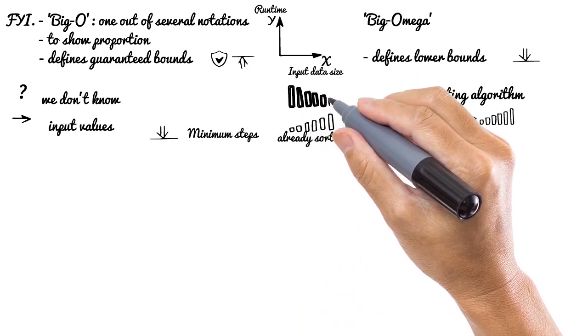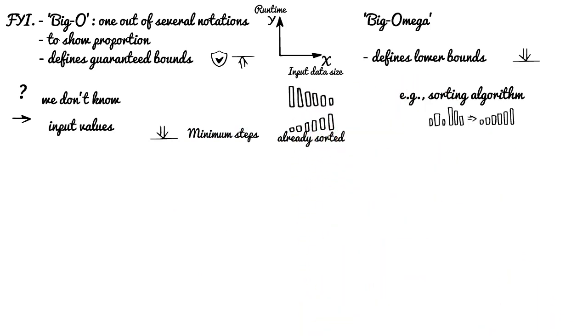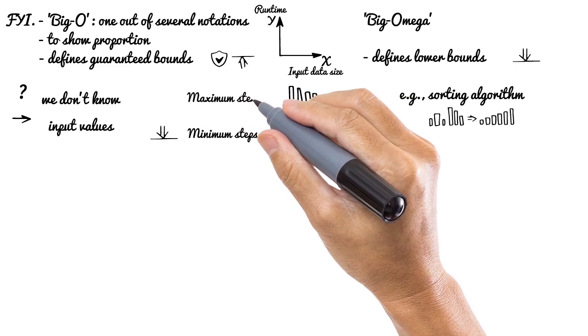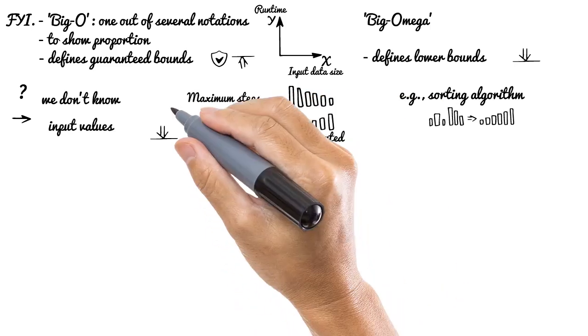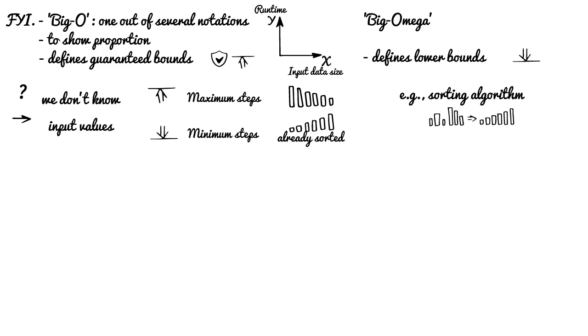If input data is sorted in descending order and needs to be sorted in ascending, it's totally opposite. The sorting algorithm may end up making the maximum possible steps to move data within this set to sort it. This is about Big-O, the worst, slowest case. We will talk about sorting algorithms later in this video to show examples of step numbers and link to notations.